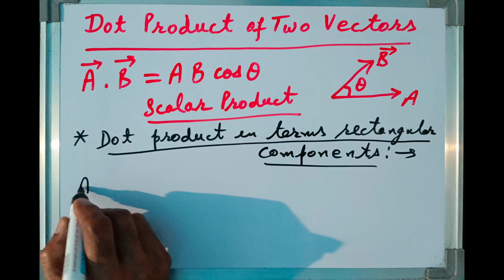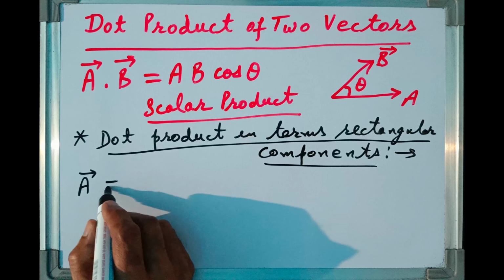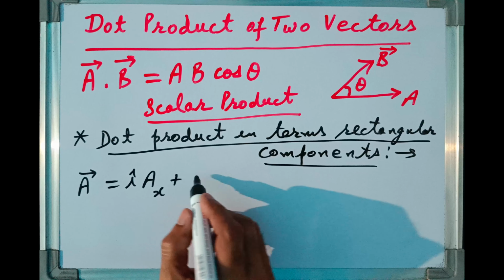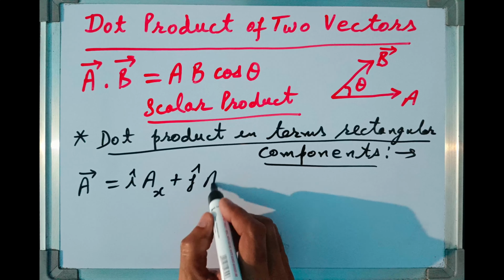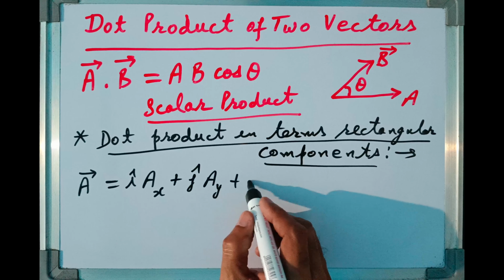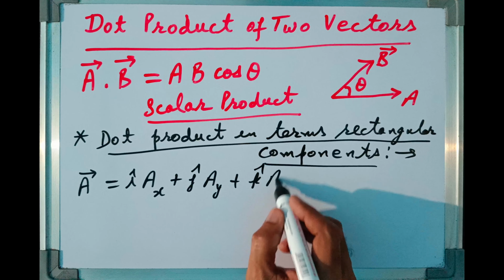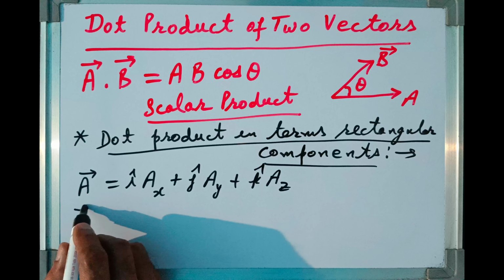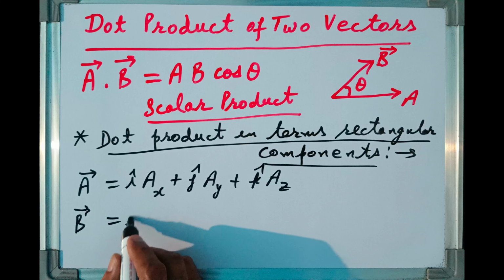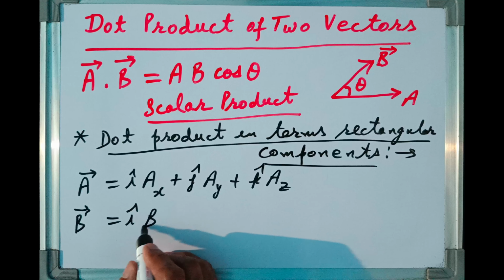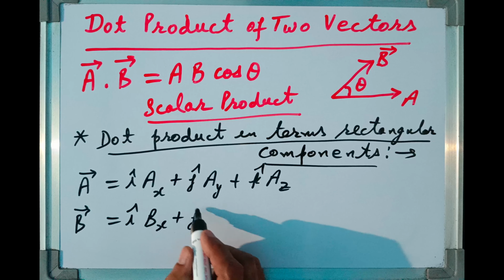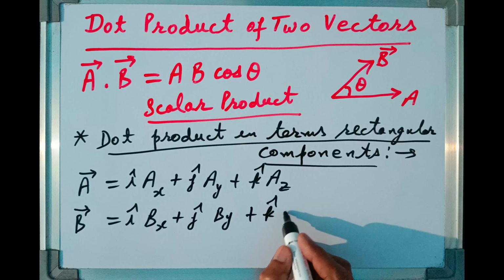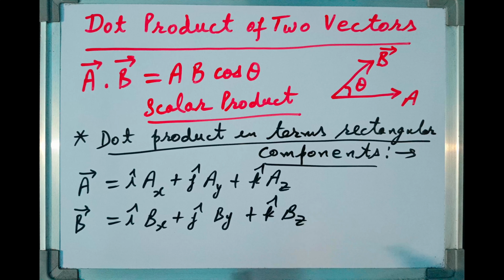Let us suppose vector A is equal to i cap into its x component plus j cap into its y component plus k cap multiplied with its z component. Similarly, the second vector can also be supposed to be equal to i cap bx plus j cap by plus k cap bz.